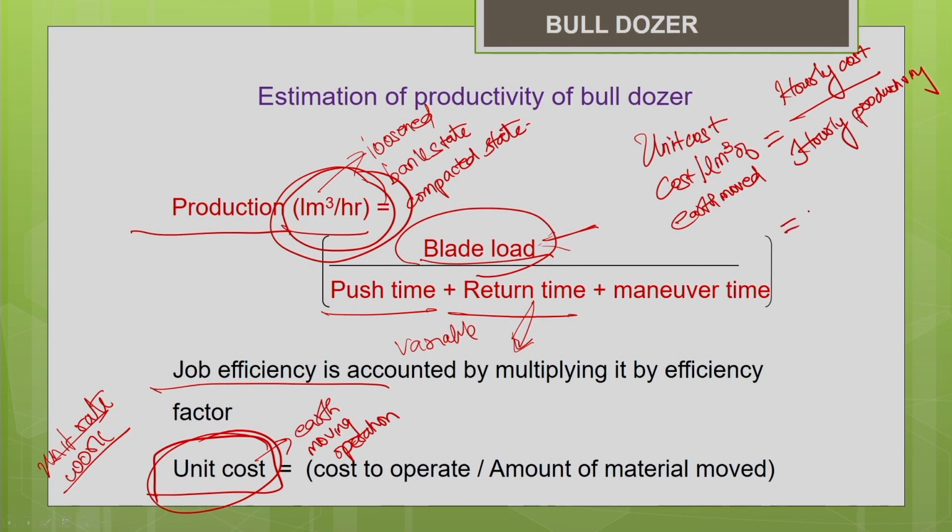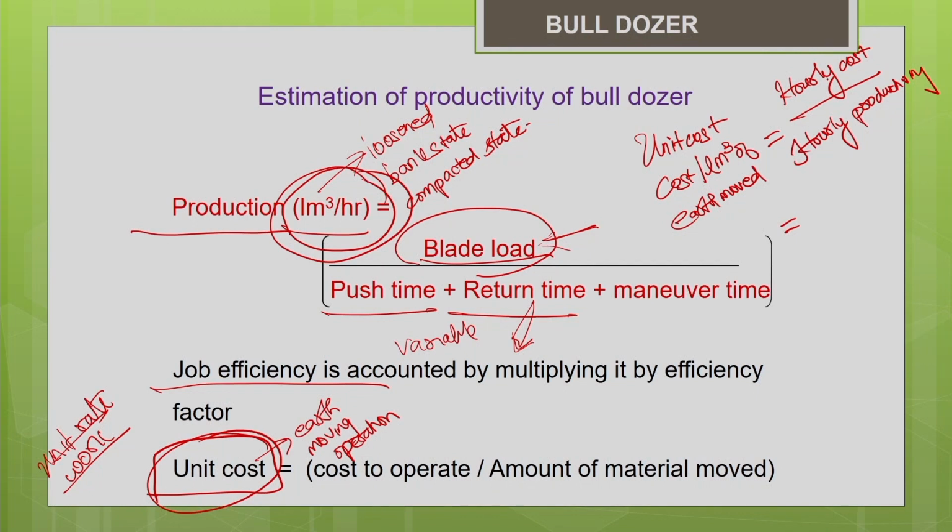By now you should know how to estimate the cost associated with the machine. I have dedicated many lectures on how to estimate the ownership cost and operating cost associated with the machine, so you can refer to those lectures again. You have to add all the components, the ownership cost, operator cost, all of them, to get the cost per hour.